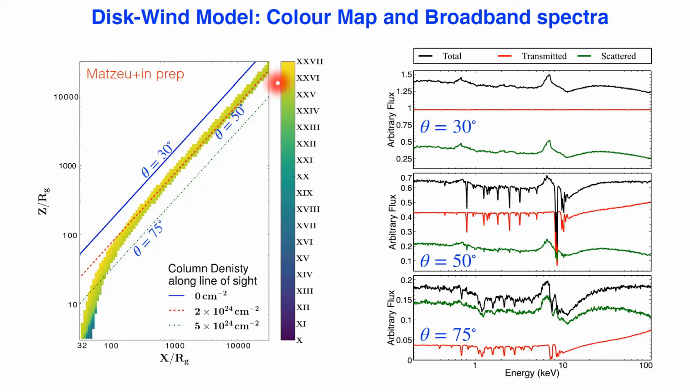If we go through the wind, you can see that the transmitted component is full of absorption features. But when you look at the base of the wind, the transmitted component is basically suppressed, but you have a very strong scatter component because the base of the wind is Compton thick.